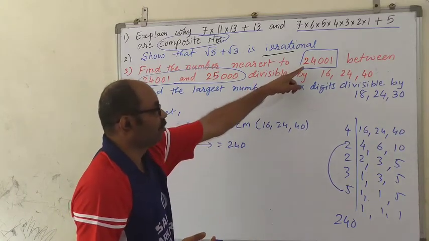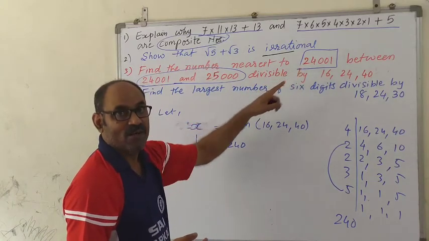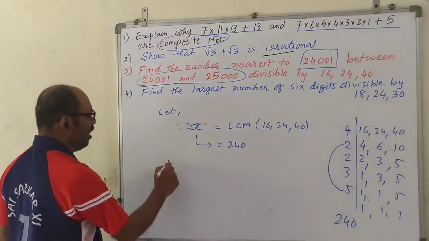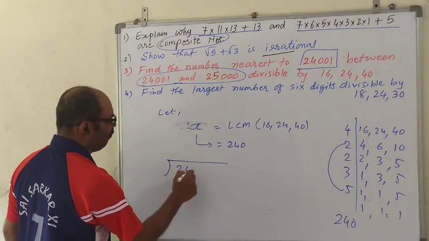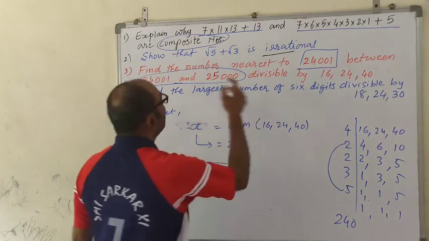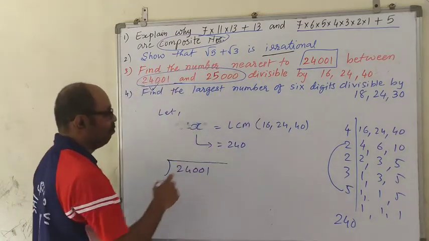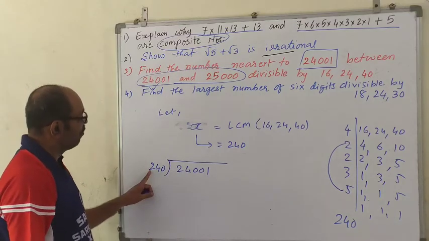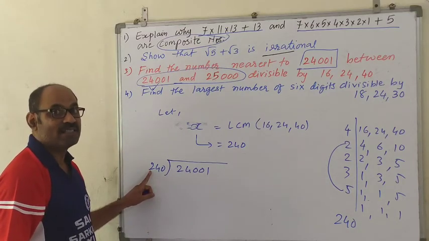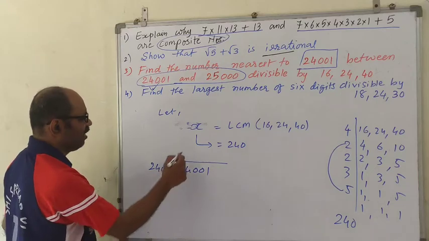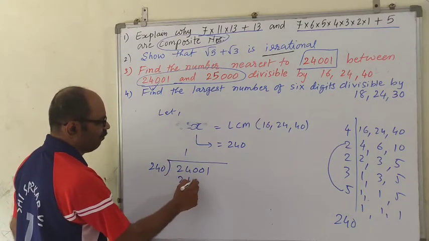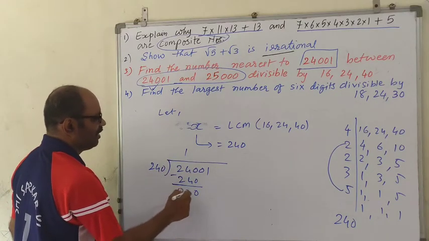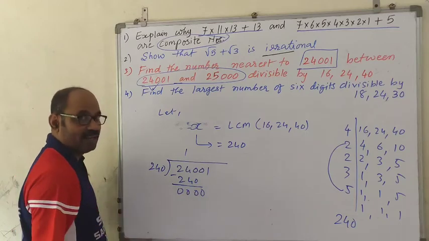And it should be closer to this, 24,001. So what do I do? I'll divide that 24,001, which is the first number, by the least common multiple. Children, you have to divide by that same number. 24 1s are 240. You have seen this division: bring one digit down, it doesn't divide.